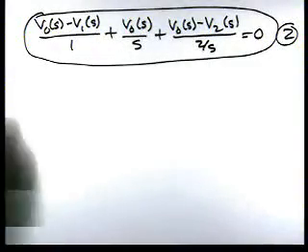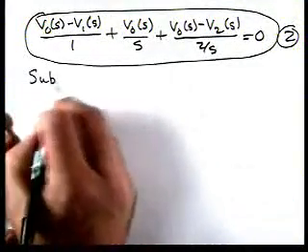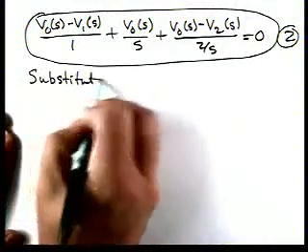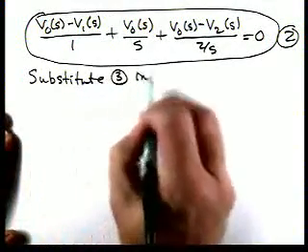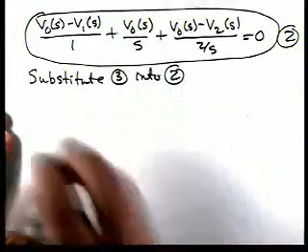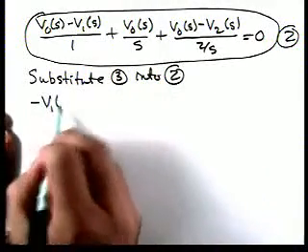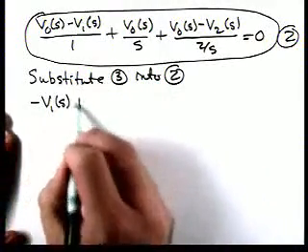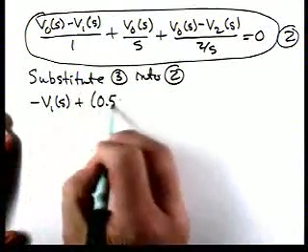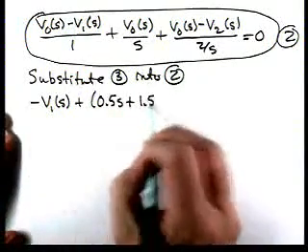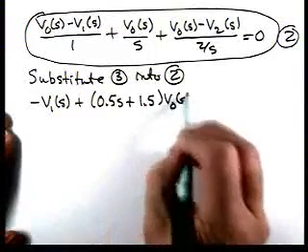Now, I'm going to substitute 3 into 2, and we do that and do some algebra. We come down with V1 of S times 0.5 S plus 1.5 times V0 of S is equal to 5.